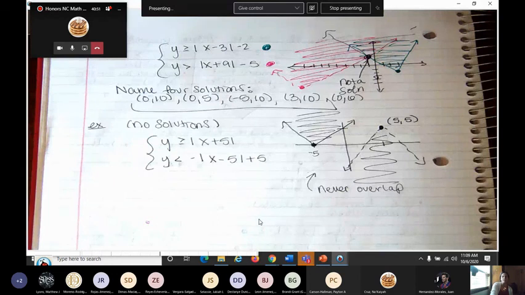Are there any, glancing at it, is there anything that doesn't make sense? Okay, any questions generally about this concept, finding solutions for inequalities?